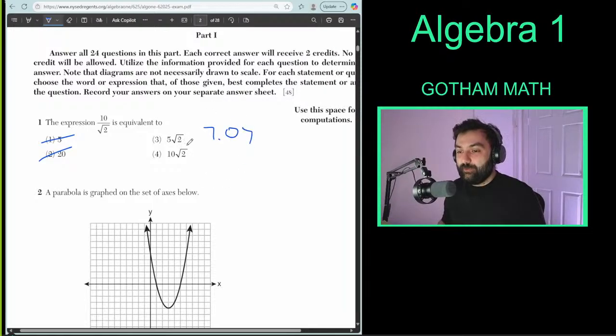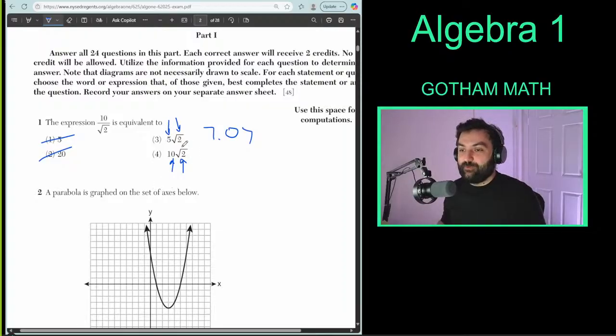Now all you have to do is multiply 5 times radical 2 and 10 times radical 2, and the one that gives you 7.07 will be the answer. Hint, hint, it's most likely going to be 3, because 10 times anything higher than 1 is going to be 10 plus.